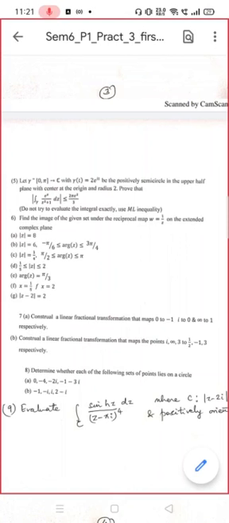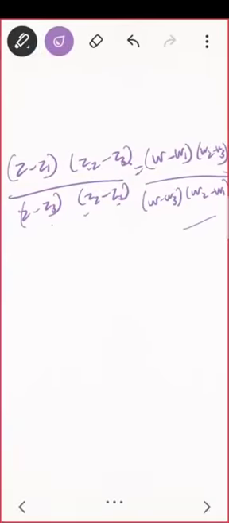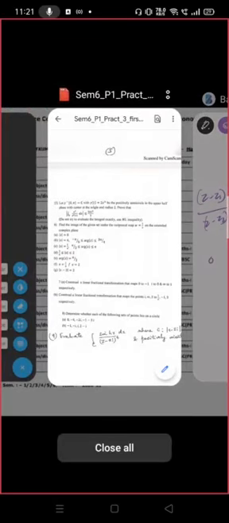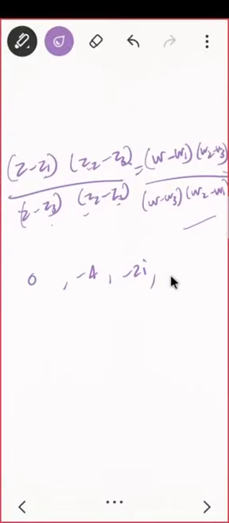If your Mobius transformation, the value we told, z minus z1 and so on. Let me see: 0, minus 4 minus 2i, minus 1 minus 3i. So you just find this part, that is z minus z1.